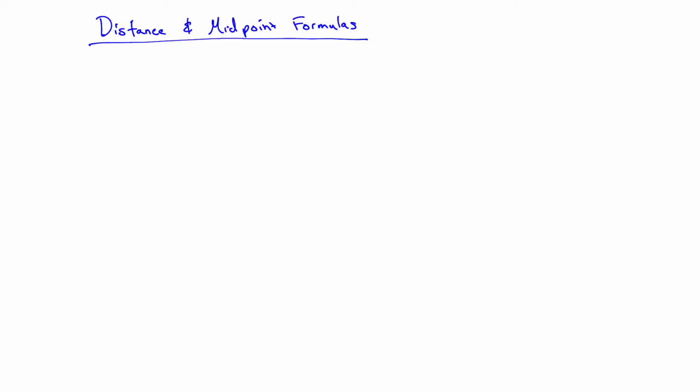Given 2 points, and notice that I'm saying 2 points, I'm not specifying what they are. So we're going to assume that they're arbitrary. Let's call one of them x sub 1, y sub 1, and the second point x sub 2, y sub 2. These could be any points in our Cartesian grid, our rectangular coordinate system.